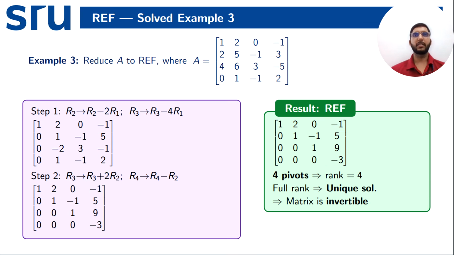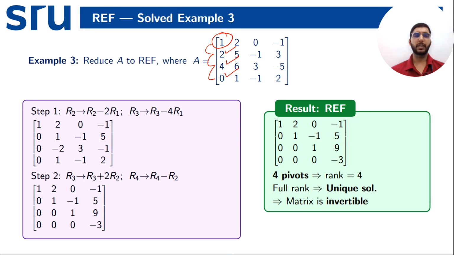So let us take one more example of order 4 cross 4. That is a matrix of order 4 cross 4. In this, we will choose the first non-zero entry, that is the pivot in the first column, and make 0 below it, one by one. This will be 0, this will be 0, and this will be 0.